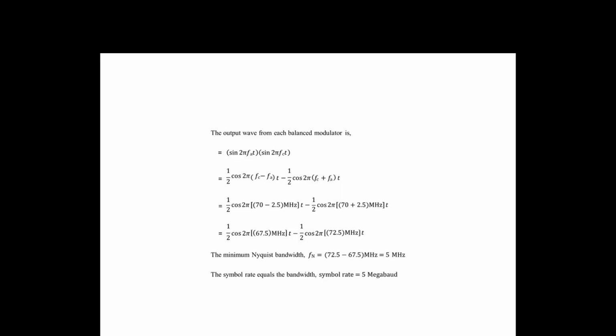If we substitute here, we get the minimum Nyquist bandwidth Fn equal to HSF minus LSF. The value we have got for HSF is 72.5 and LSF is 67.5, so we get 5 megahertz as the Nyquist bandwidth. Then the symbol rate equals the bandwidth, that is 5 megabaud.